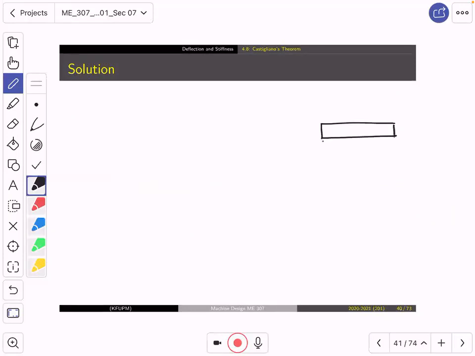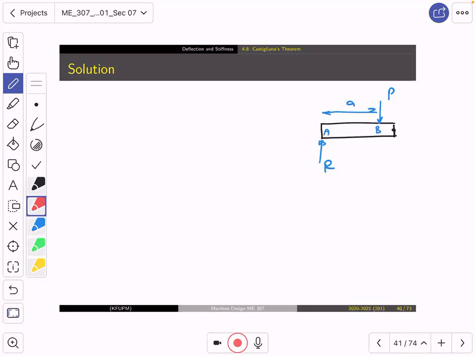For the next one, we will take the reaction the same, but then we have to consider P. And what is after P? So here, this is the distance A. This is point A capital. This is point B capital. And this is where we cut the beam.